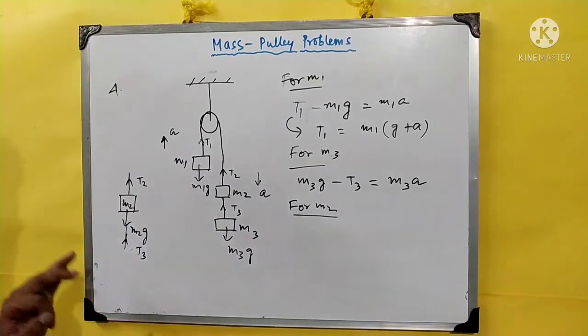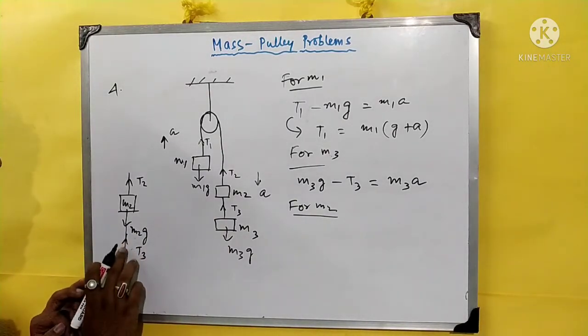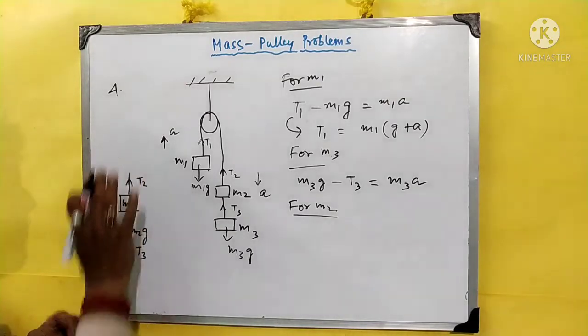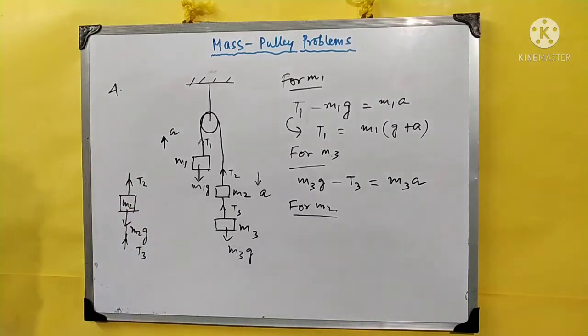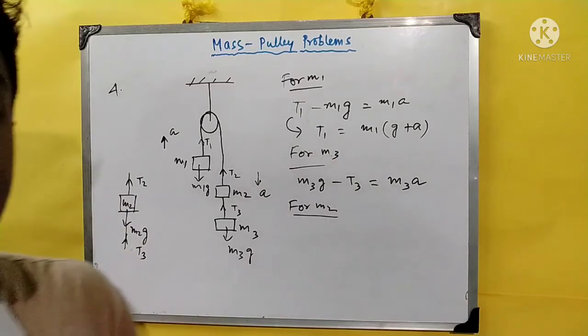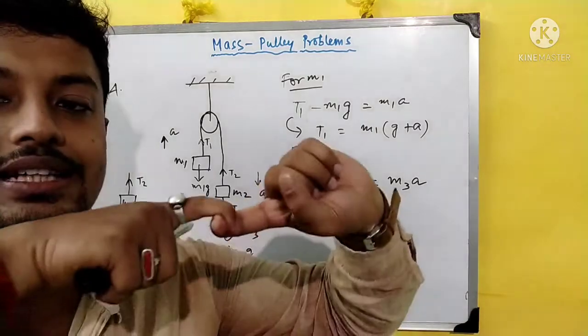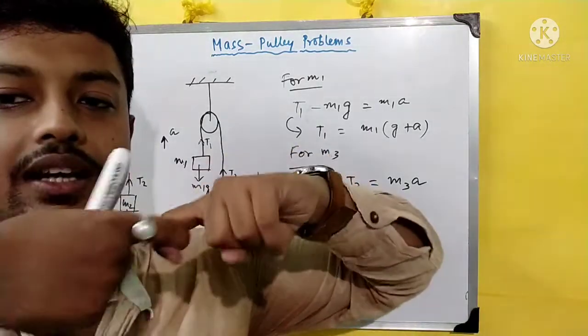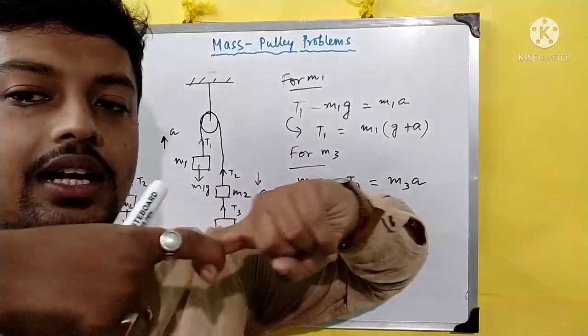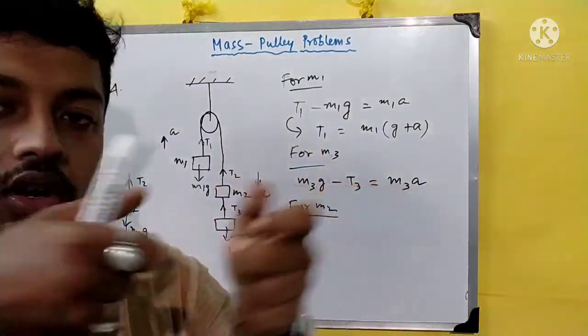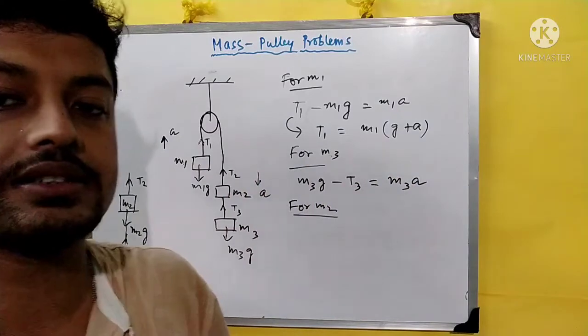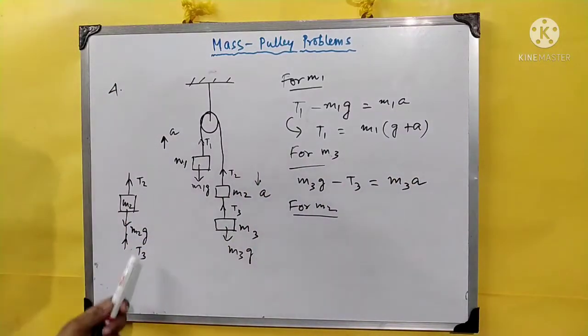But you cannot take both the tension in same direction. Tension is something that is pulling the object like this. It is pulling the object like this. It can be in both direction. So it can pull the object like this. It cannot be in same direction. Two tensions for a single string cannot be in same direction for a single mass.